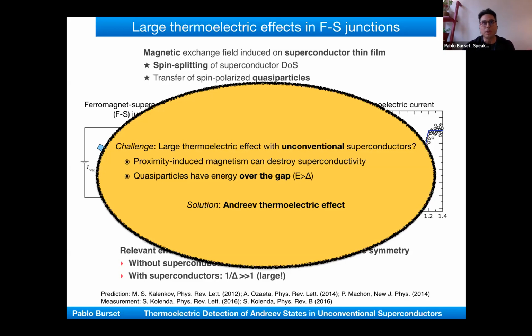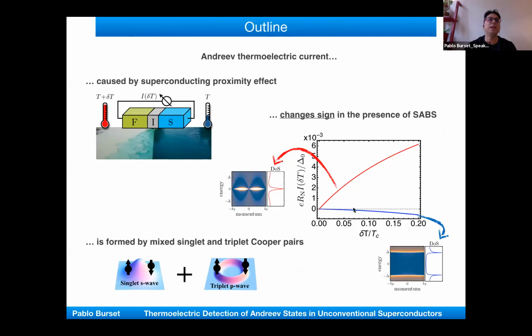And also, and most importantly, the transport, if it's dominated by quasi-particles that are above the gap, will be insensitive mostly to the presence of Andreev bound states. So what we propose is an Andreev thermoelectric effect that will take place when we can induce superconductivity on a ferromagnetic region by leaking of Cooper pairs that then will have some kind of interplay with the exchange field here.